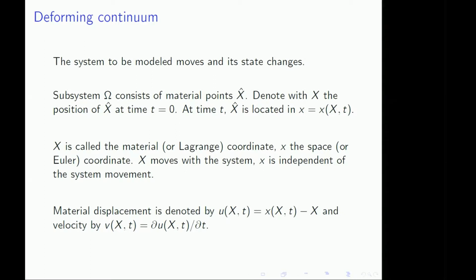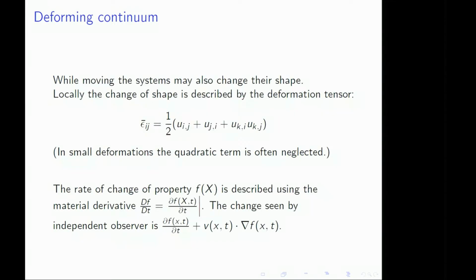And as the displacement is varying in time, the rate of change of displacement is called velocity, which is defined as a time derivative of displacement. And likewise, we could also define acceleration of the material as the second time derivative of displacement, or time derivative of the velocity, and so on.